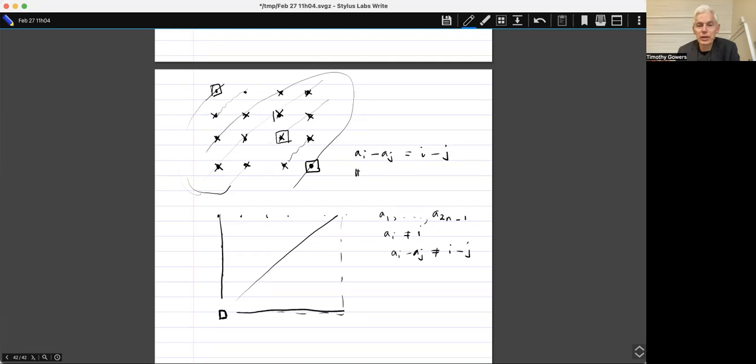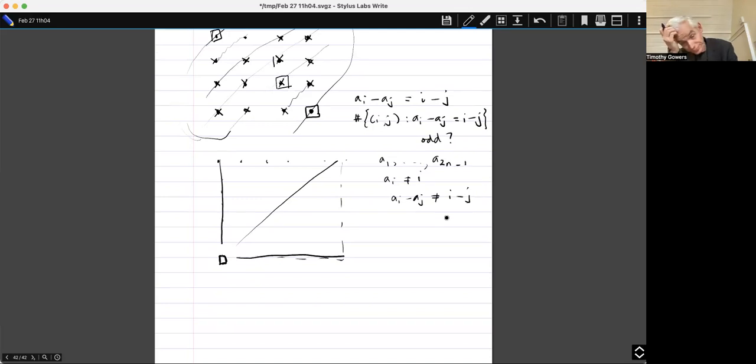So the number of pairs (i, j) such that a_i minus a_j equals i minus j is always odd, or something like that anyway. Is that going to be the case?